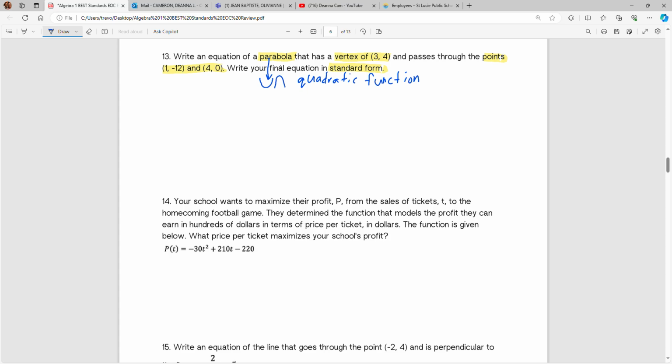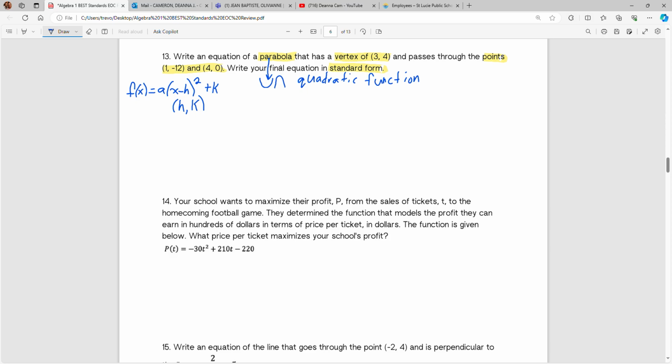That formula says f of x equals a times (x minus h) squared plus k. And what you have to know about this is that this is our vertex form where (h, k) is the vertex.